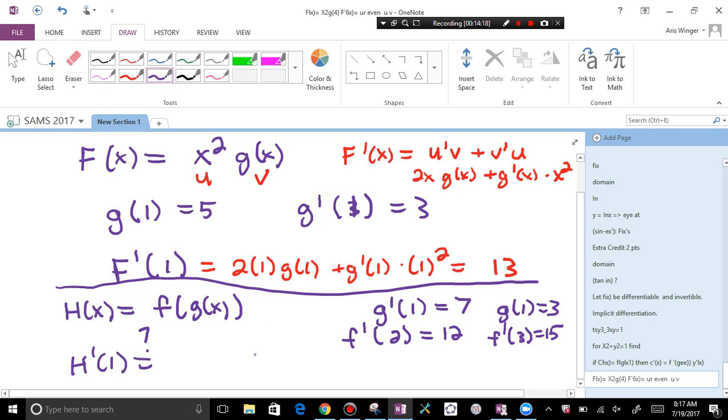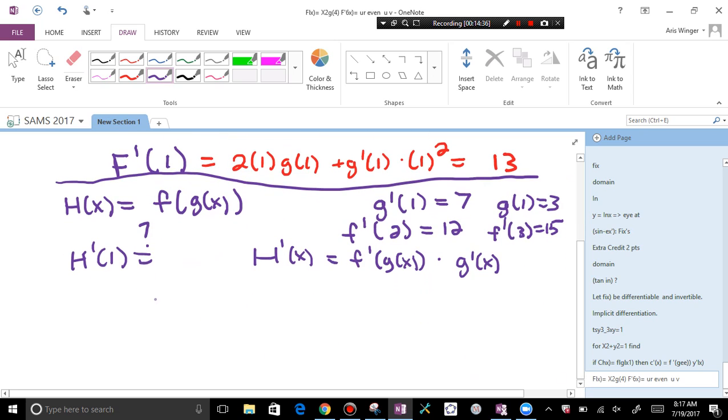h prime of x is equal to f prime of g of x times g prime of x. h prime of 1, therefore, is equal to f prime of g of 1 times g prime of 1.